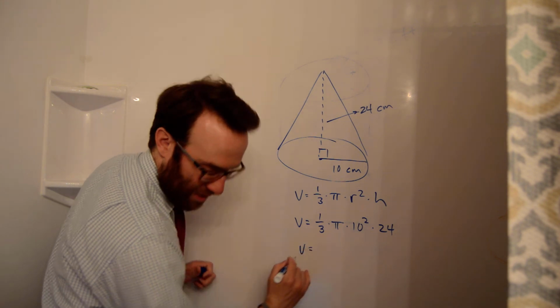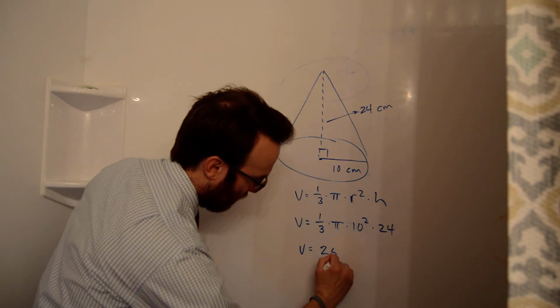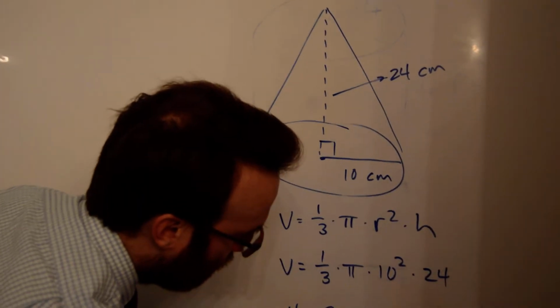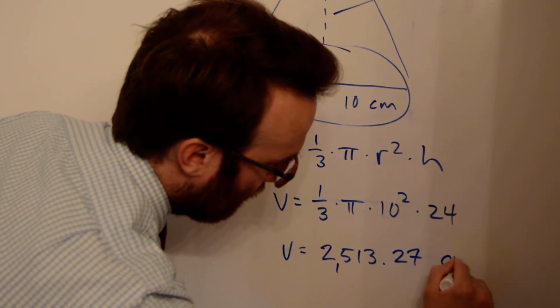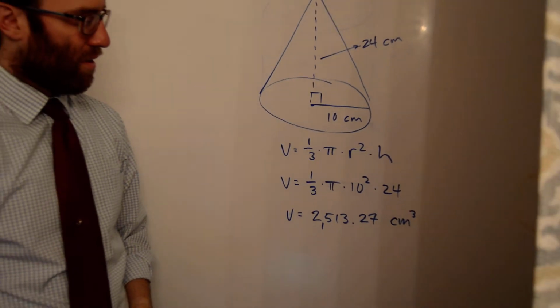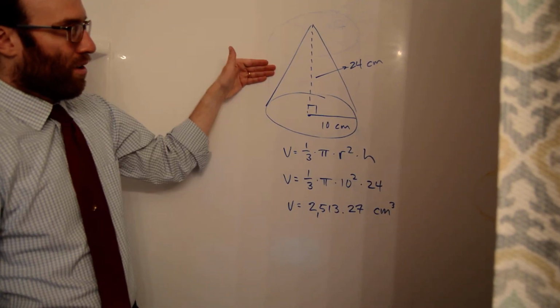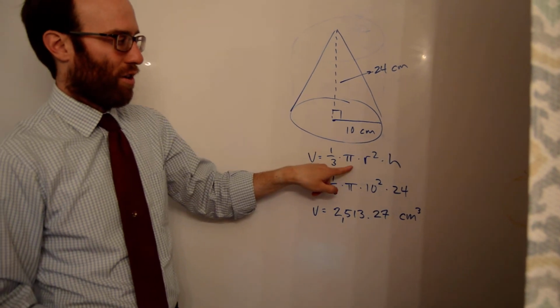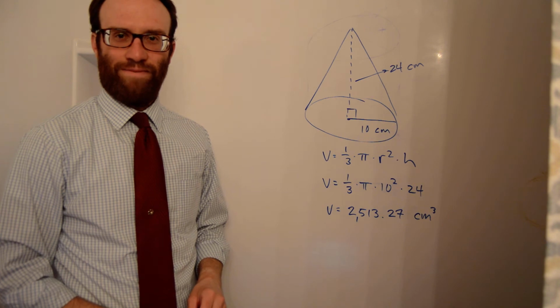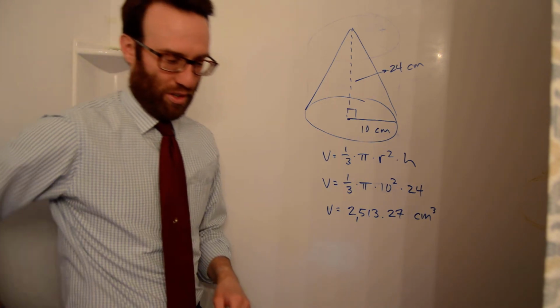My volume is 2,513.27 cubic centimeters. So again, for cones, 1/3 pi r squared h is our formula there. Cool, I'm going to erase that.